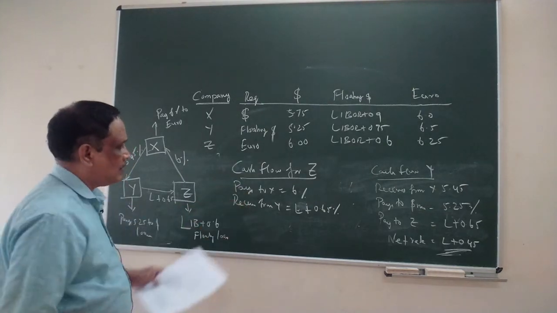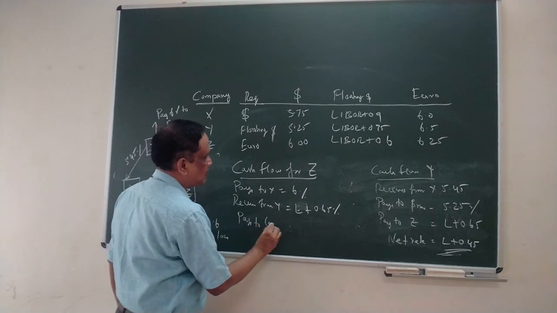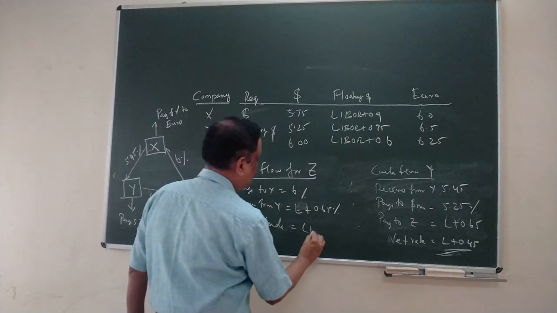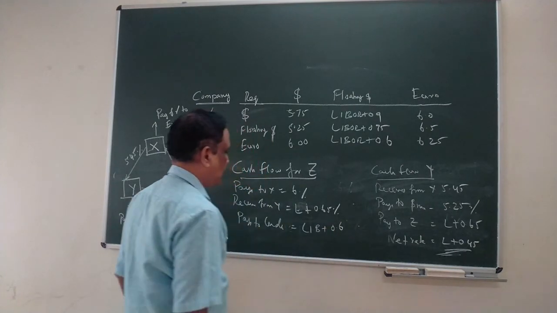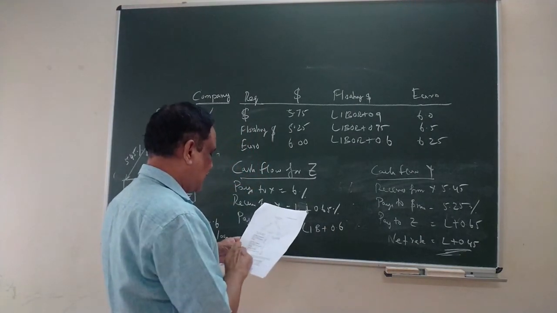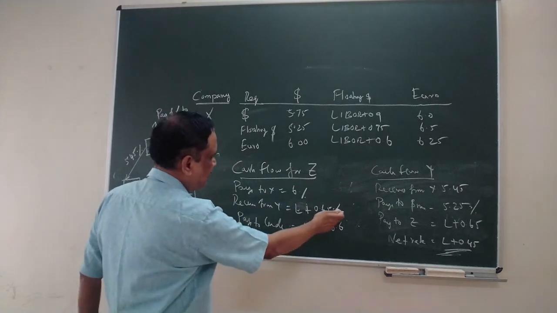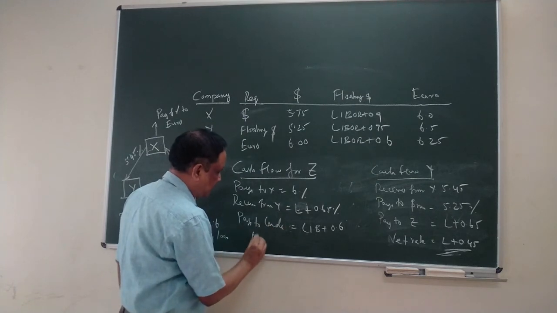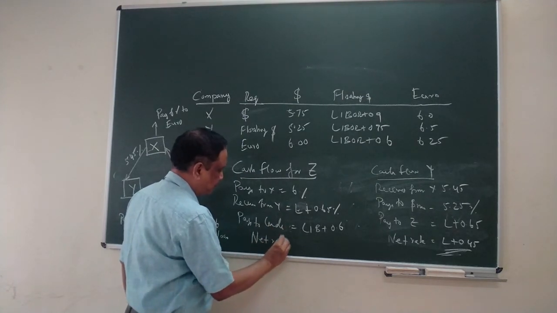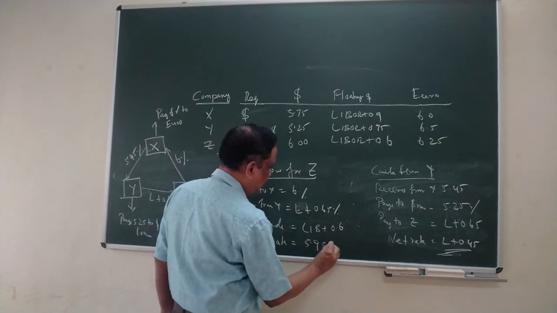It has to pay to the lender at LIBOR plus 0.6. So the net rate would be, here there is a benefit of 0.05, so it will be adjusted here. Net rate would be 5.95%.